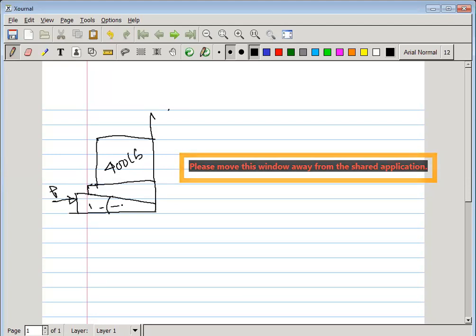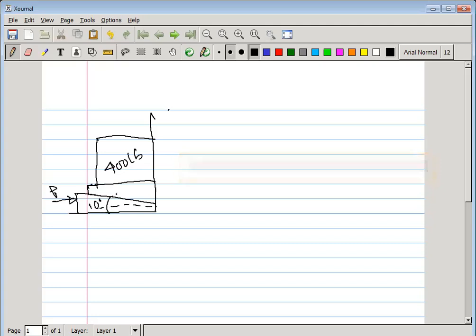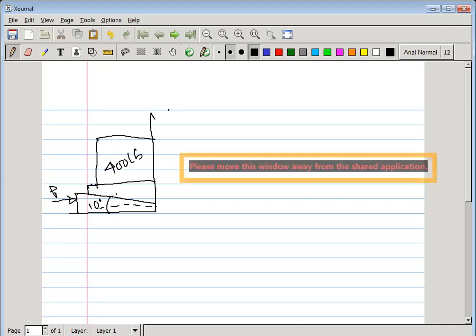This angle, if we consider this angle, is actually 10 degrees. Please tell me which one you prefer. Should I give the free body diagram and you can solve it yourself, or should I continue and solve the whole problem? You just tell me, or simply skip this one.